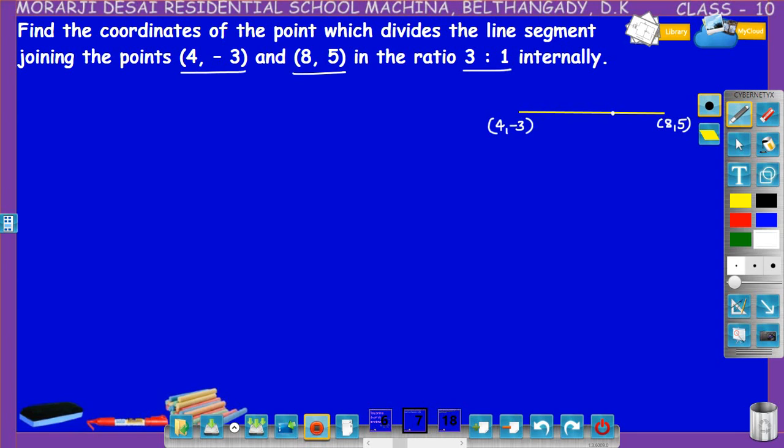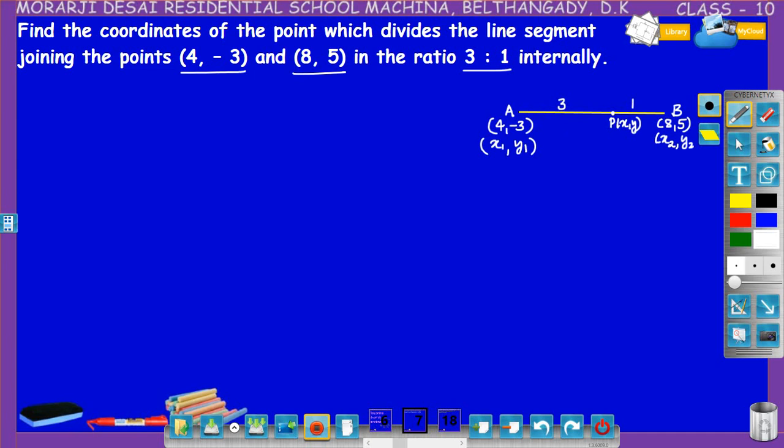So mark a point here. This is point P. You have to find the coordinates of point P. Take it as x, y. Ratio is 3:1. Name the endpoints of the line segment as point A and point B. Take one endpoint as x1, y1 and another endpoint as x2, y2.